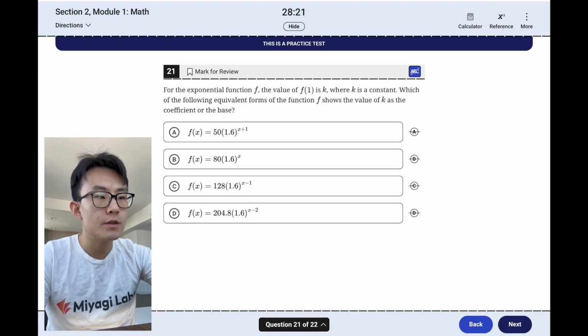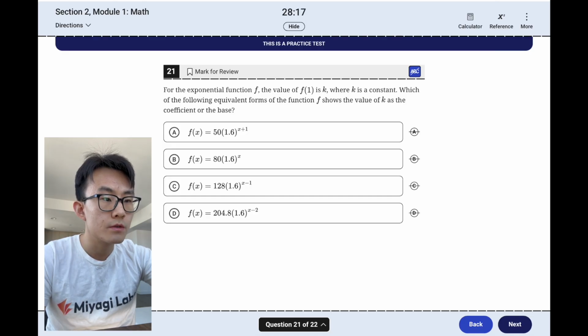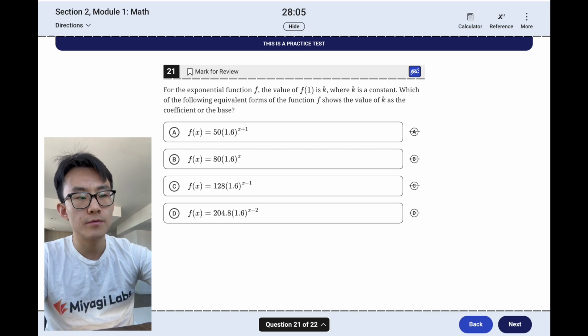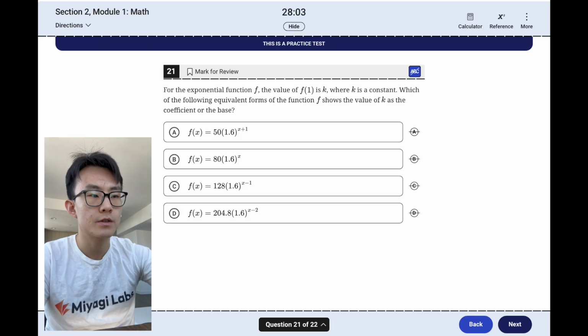F of 1 equals k. Which of these show the value of k as the coefficient or the base? Okay, these questions are sort of dumb, I think. It's kind of like just semantics. But basically, f of 1 equals k.